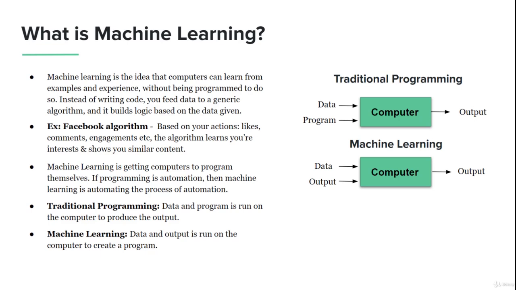Machine learning is extremely powerful because, just like with the example of the Facebook algorithm, it's learning. It's essentially able to understand what you're ultimately looking to accomplish, or the data you're looking to capture, because you've programmed it in such a way to pick up on certain criteria, right?